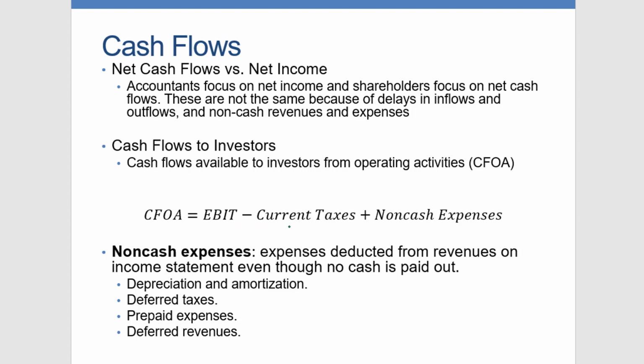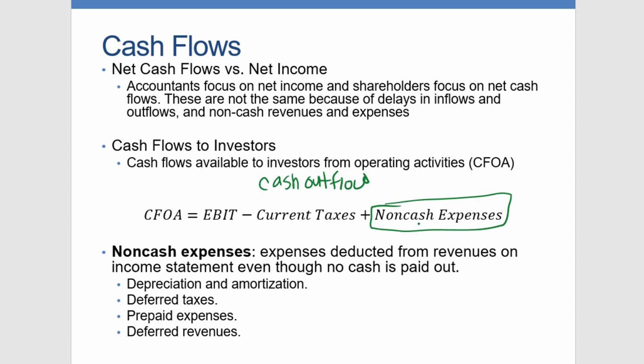We subtract any taxes we have to pay, because tax is a cash outflow. Then we add back any non-cash expenses, for sure depreciation. We took out depreciation in our income statement, but no cash actually left, so we put it back so we count it as cash.